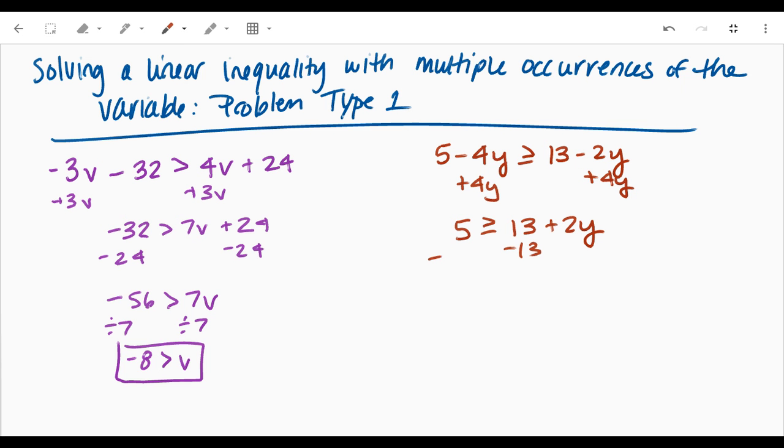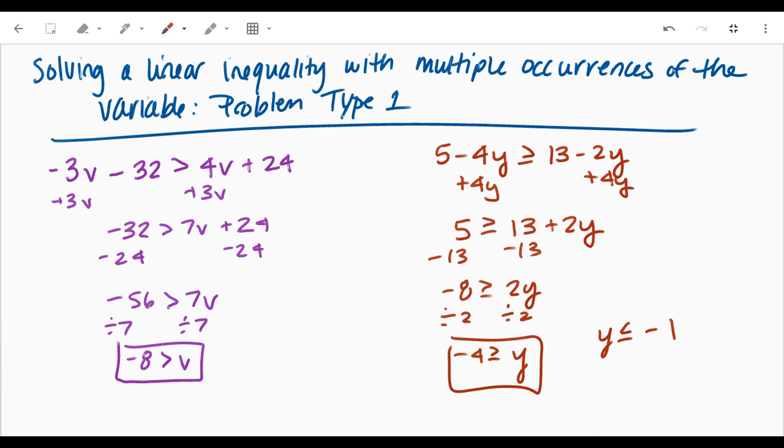Subtract 13, so we'll have negative 8 is greater than or equal to 2y, and then divide by 2. Negative 4 is greater than or equal to y. You can also write it as y less than or equal to negative 4 if you want to, or here v less than negative 8, doesn't matter.